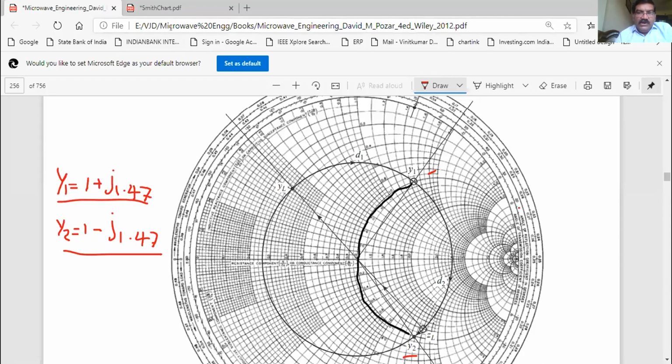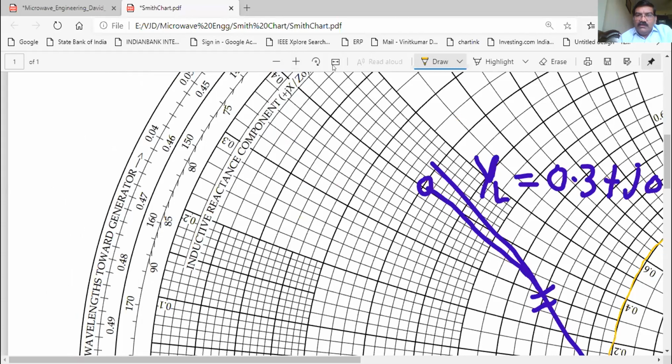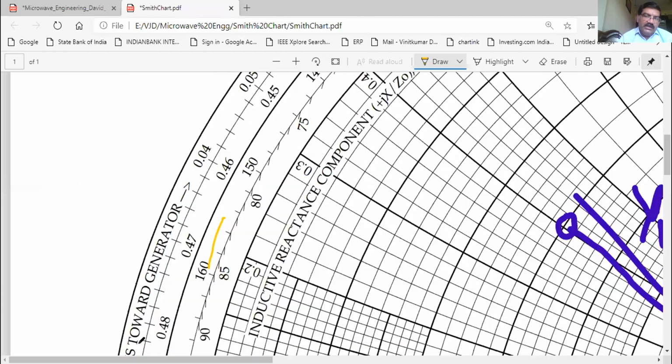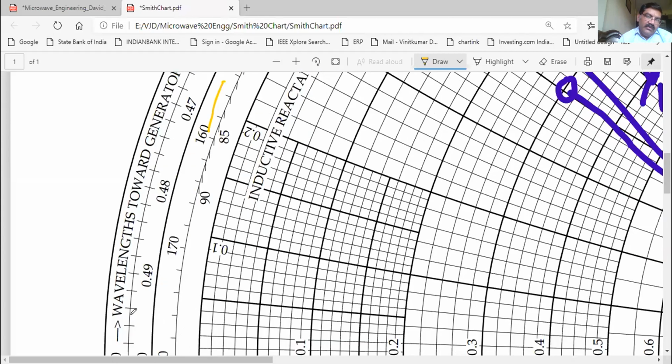Now I'll just switch to this Smith chart. Now here it is more visible. On this Smith chart, I'll focus on this part. This is the wavelength toward generator circle.